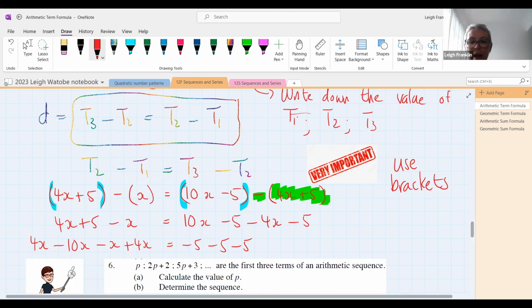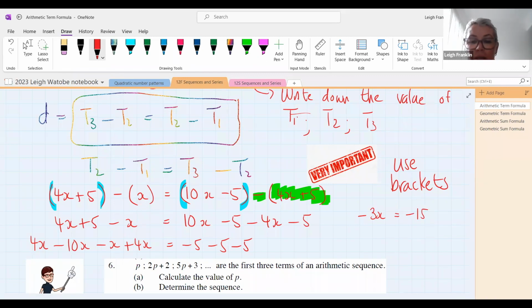Okay, so now how many x's do I have? I have 4 minus 10 minus 1 plus 4. So that's going to leave me with how many x? Minus 3x. Are you guys getting the same answer? Okay, and that's going to be equal to negative 15.